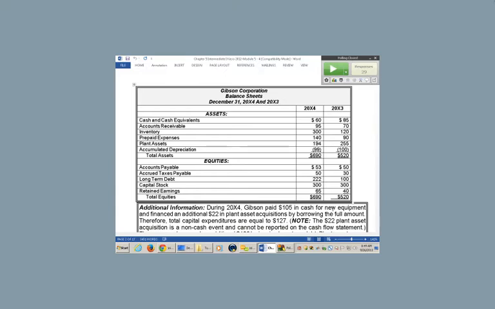Now, I don't see any dividends payable, so right now I can start making a list of items that I'm going to need for the cash flow statement. So right now I know I have dividends of 12. They are declared and paid.